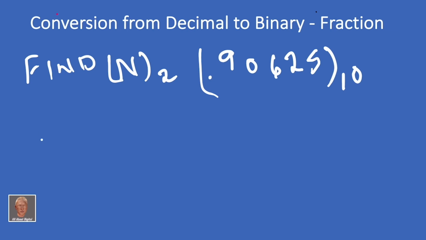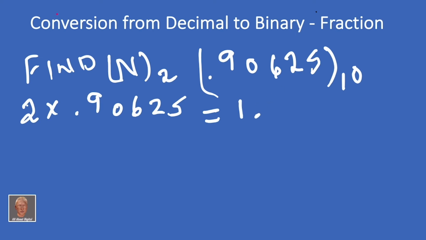Okay, so what do we do? Well, since it's a decimal to binary fractional, we do successive multiplication. So let's do the first multiplication. It's 2 times 0.90625. That equals 1.8125.